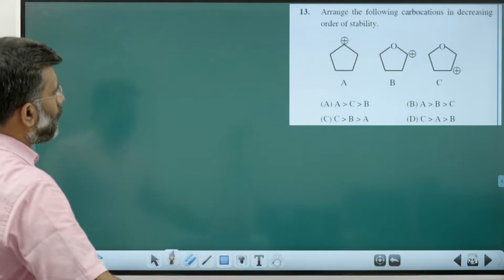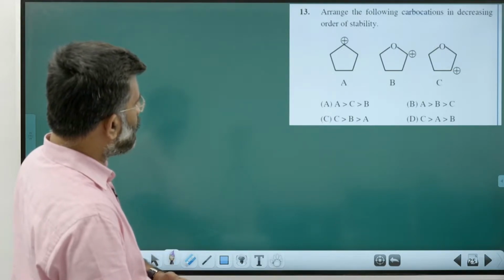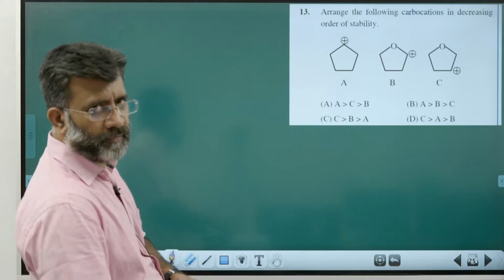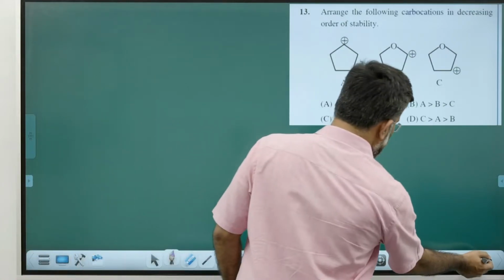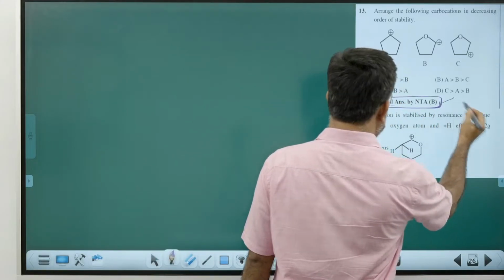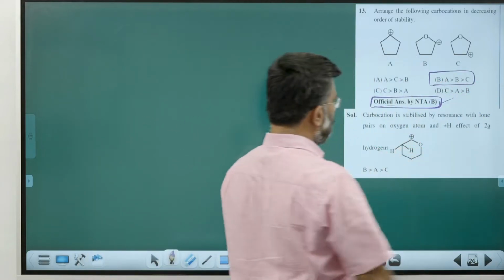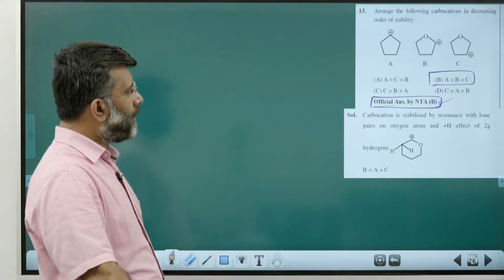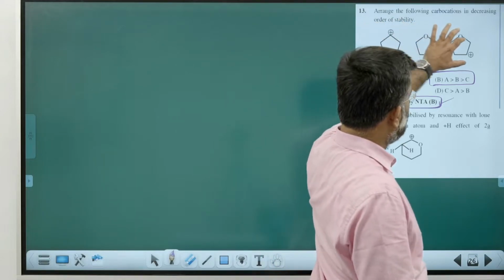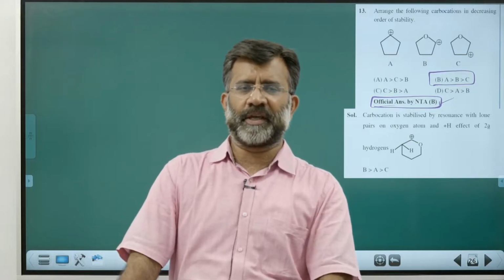Arrange the following carbocations in decreasing order of stability. For this particular question, we can see that the official answer key reported by NTA is option B. This is the official answer key reported: A greater than B greater than C. But that is not that justifiable an answer.